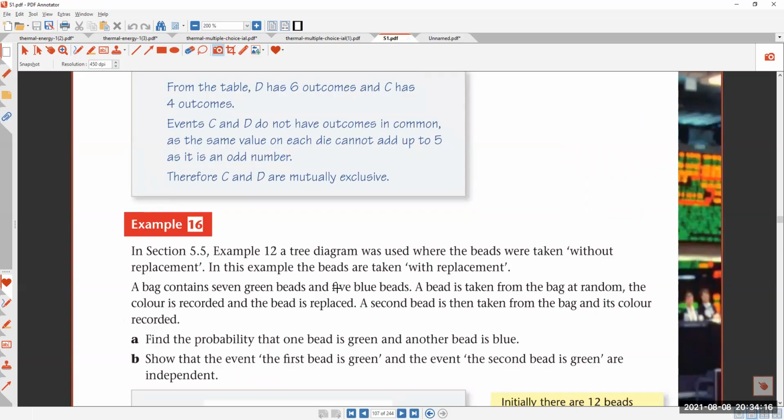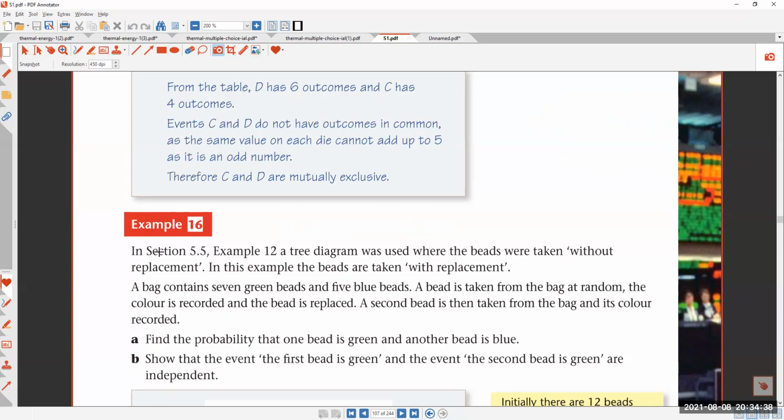Example 16. In section 5.5, example 12, a tree diagram was used where beads were taken without replacement. So keep in mind, without replacement. In this example, beads are taken with replacement.